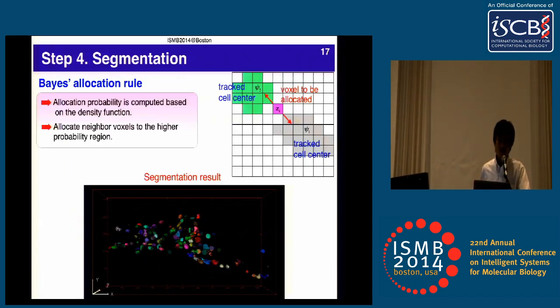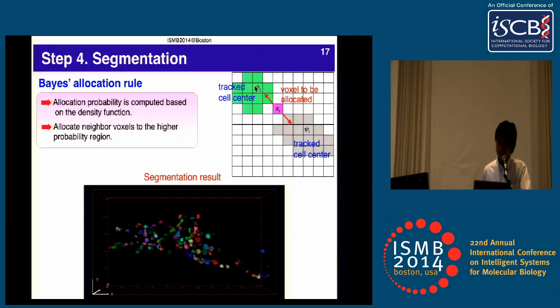The final step of the proposed method is segmentation. We now have all cell centers at each frame. So the next thing to do is to allocate neighbor box cell to the cell center. This step is also performed based on the kernel density function.